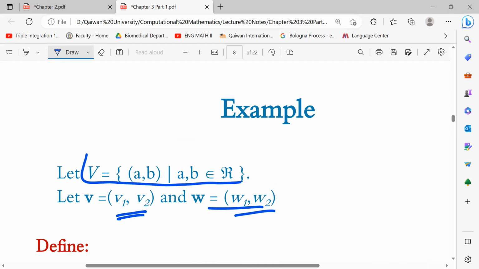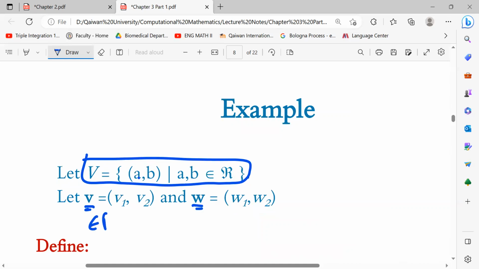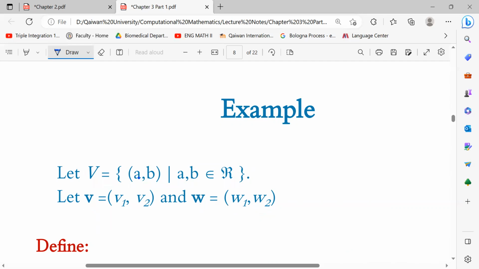Here, V is the set of all vectors A, B, in which A, B are in R. That means the entries of the vectors are in R. Here, V and W both belong to capital V. Capital V is the set of all vectors. If we pick two vectors from space V, V is this vector and W is this vector.